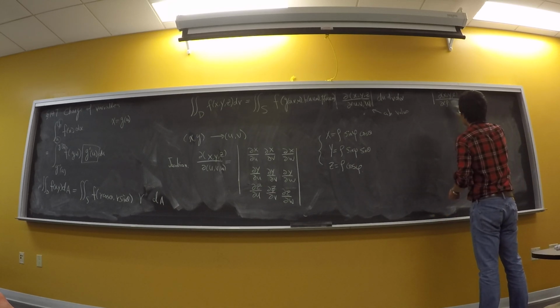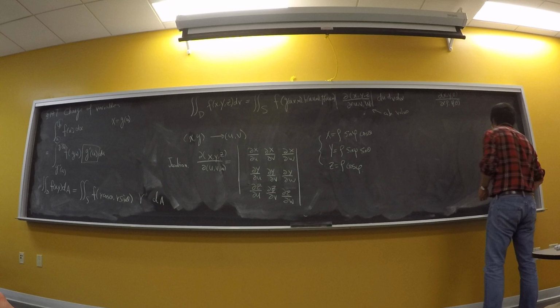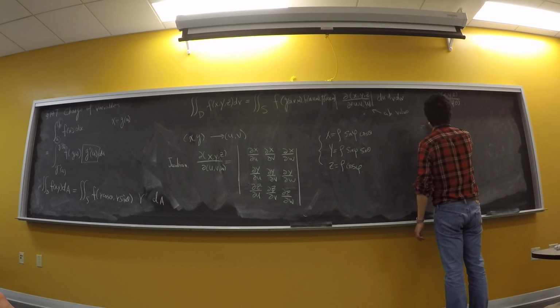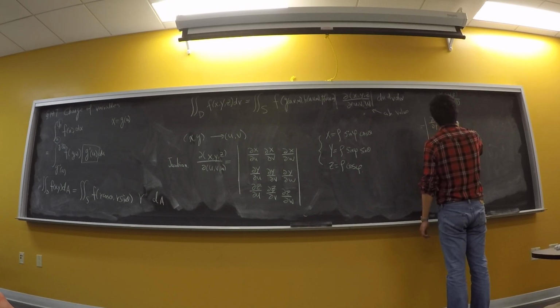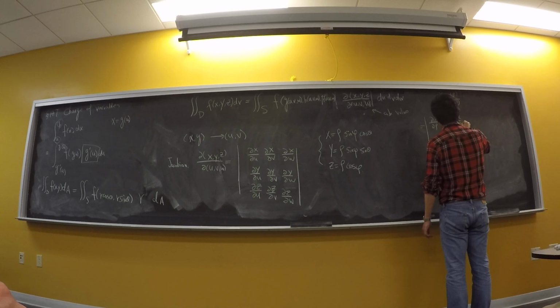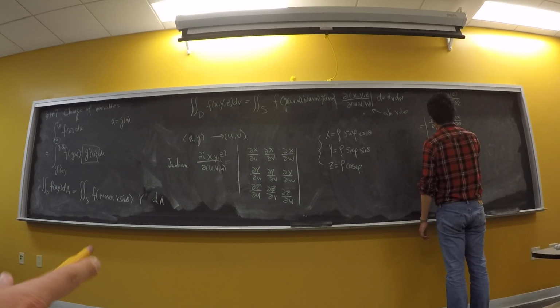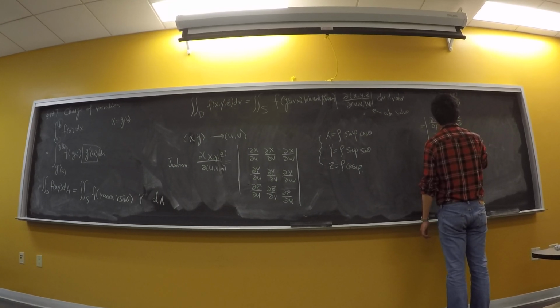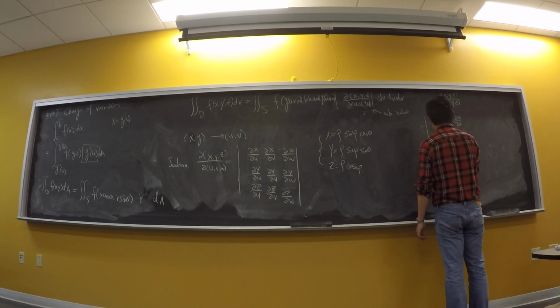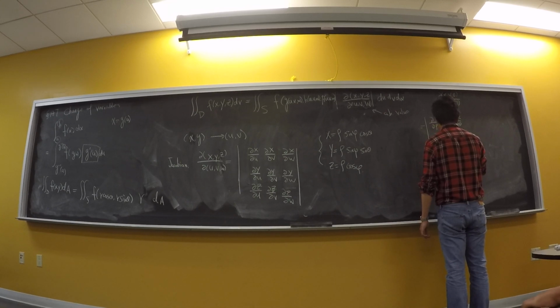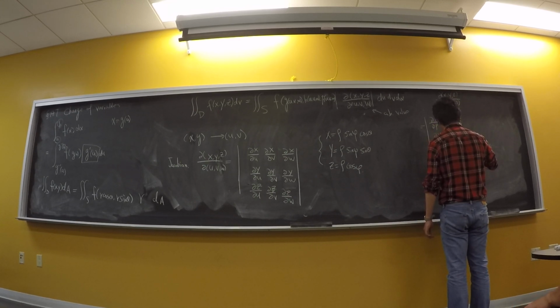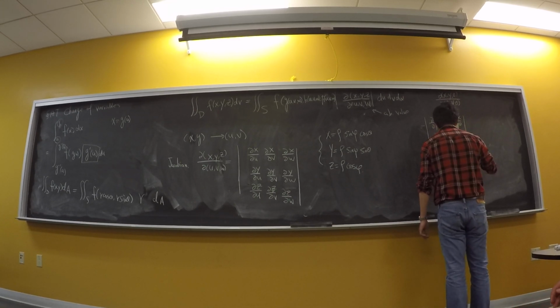So I don't take the absolute value here, so let's worry about the absolute value in the end, which is equal to the matrix with partial x, partial rho, partial x, partial phi, partial x, partial theta, partial y, partial rho, partial y, partial phi, partial y, partial theta, and in the end, partial z, partial rho, partial z, partial phi, partial z, partial theta.